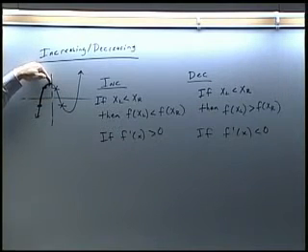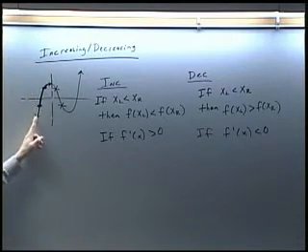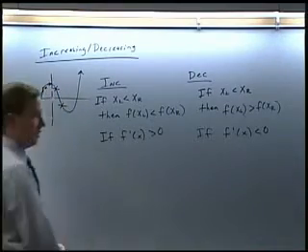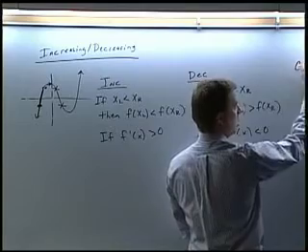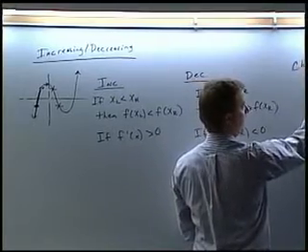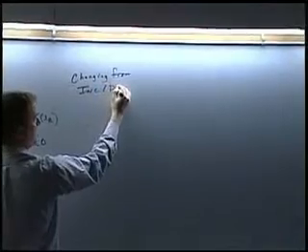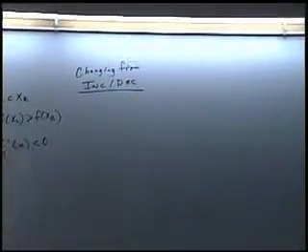What happens up here? What's true about the slope up here? If I ever get a slope of 0, that is a possible place where I could change from increasing to decreasing. So if we come over here, changing from increasing to decreasing or vice versa.